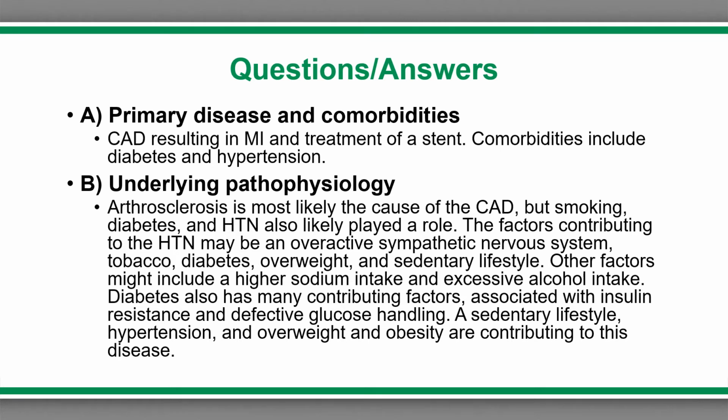The hypertension she has could mean that she has an overactive sympathetic nervous system, and she most likely has a lot of sodium in her diet because of her frequent fast food, and she's also hypertensive. So we're looking at what kind of components are involved in her disease. So that is question B.